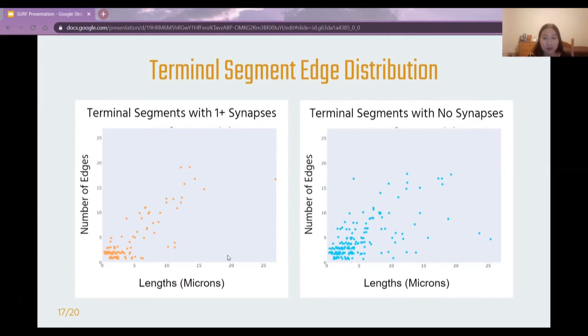But this was because we had entities in the database that appeared to be terminal segments, but were simply synapses sitting on the wall of a parent neurite. After doing some data cleaning, we found no change in the previous distribution. It remained the same.